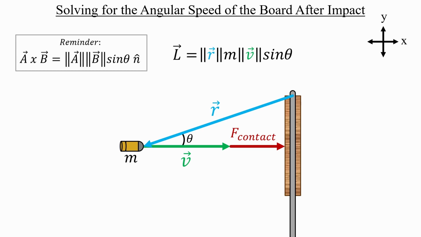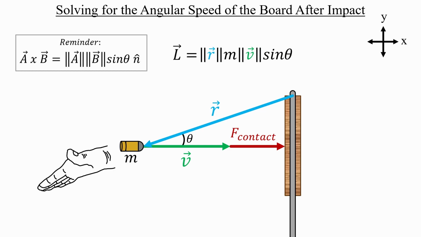You take your right hand and you point it along the path of the first vector in the cross product, like this. Then curl your fingers through the smallest angle towards the direction of the other vector. Notice that it's a smaller angle going counterclockwise in this position towards v.